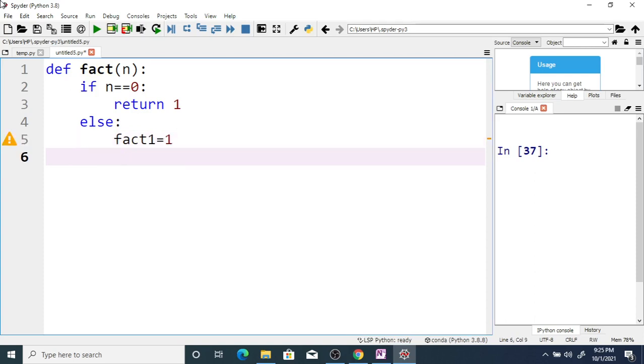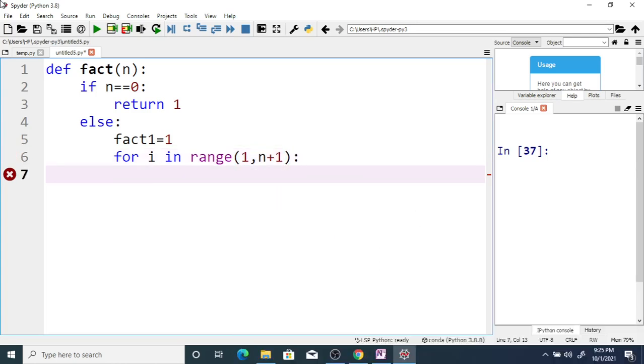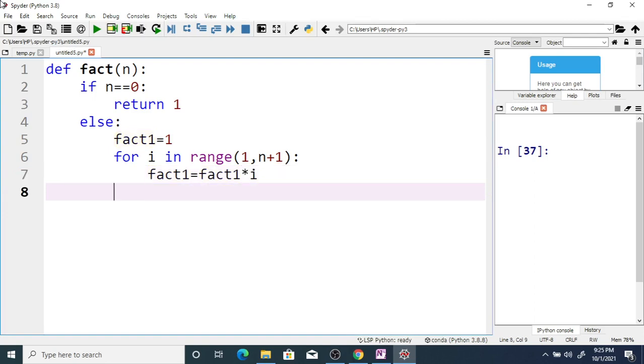Okay, now for i in range 1 to n plus 1, fact1 is equal to fact1 star i, we are going to store the factorial value in fact1, and finally we return fact1.